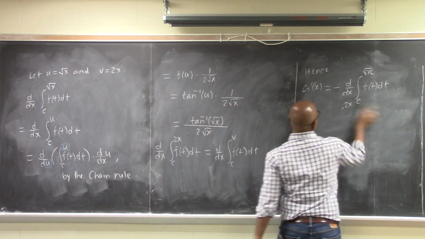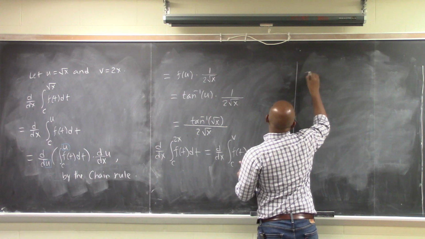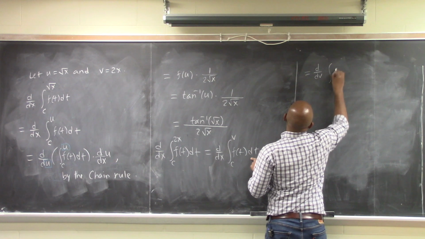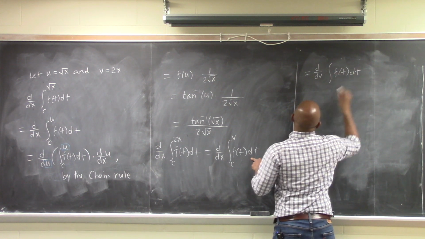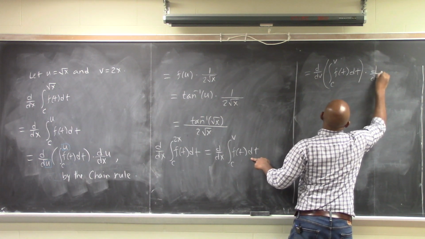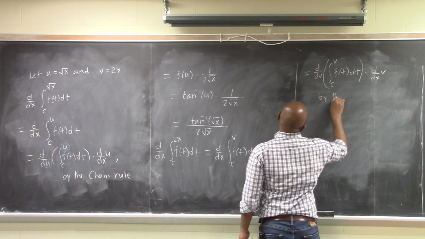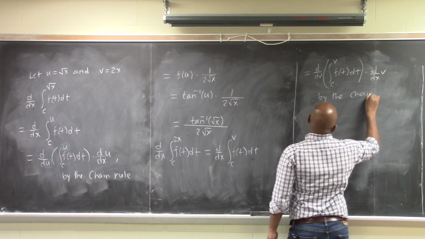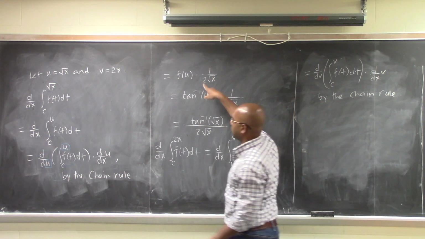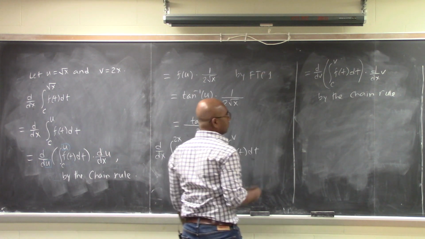And then this guy will equal d/dv of this integral of f of t from c to v, times the derivative of v with respect to x by the chain rule. Oh, sorry, I didn't actually mention here, this is by FTC1. You always need to mention what theorem you're using.